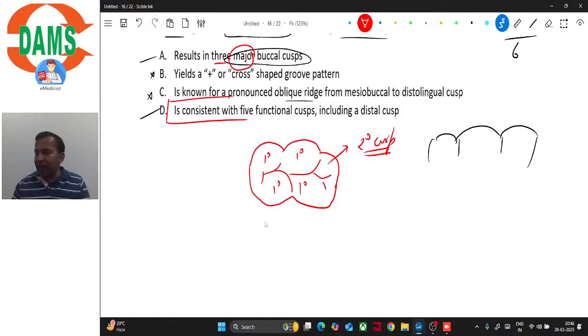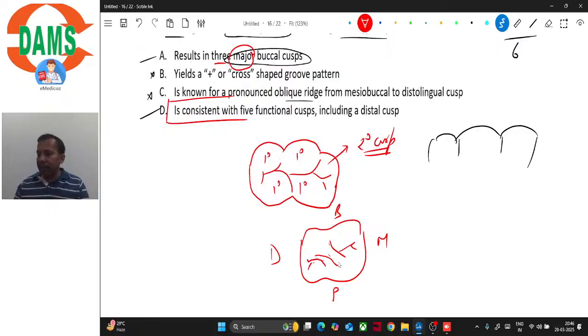And similarly, in the maxillary first molar, which is the secondary cusp? This is the oblique ridge, right?